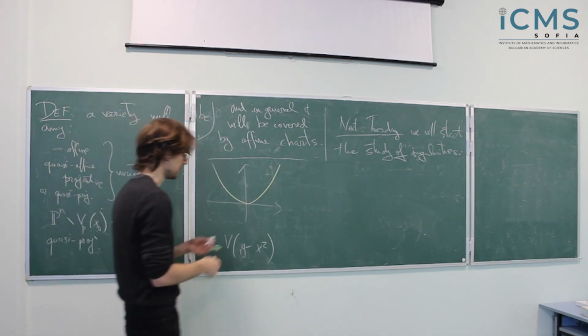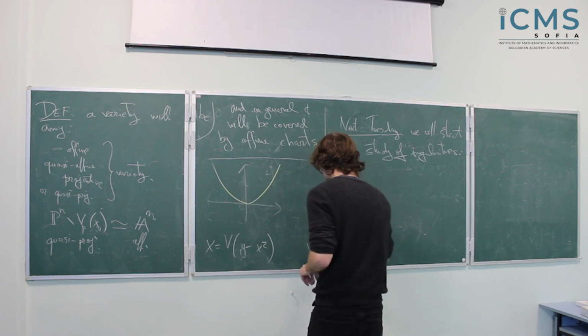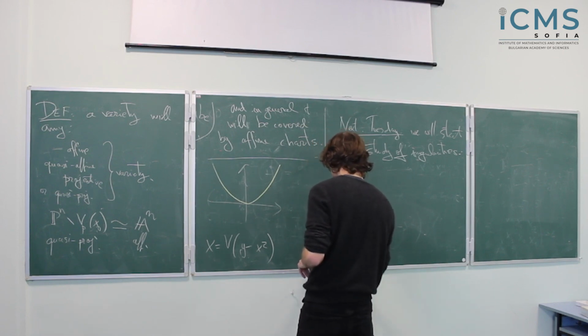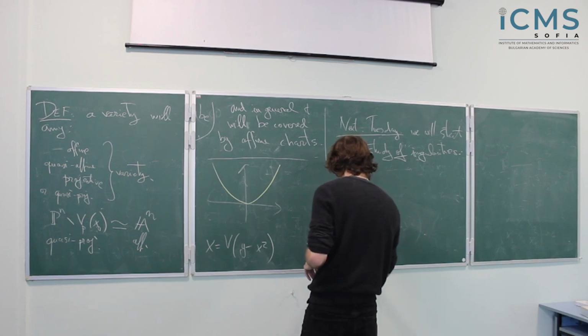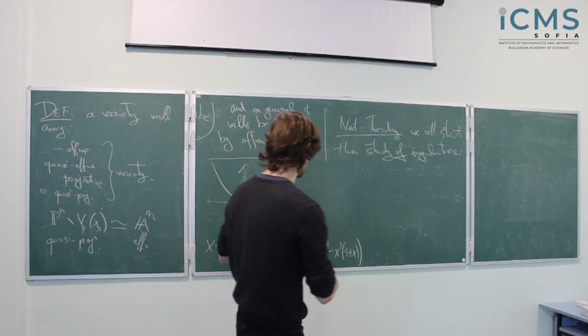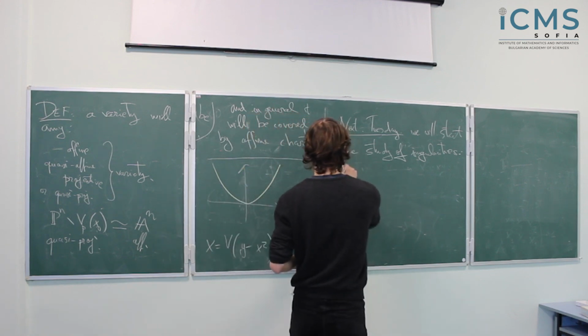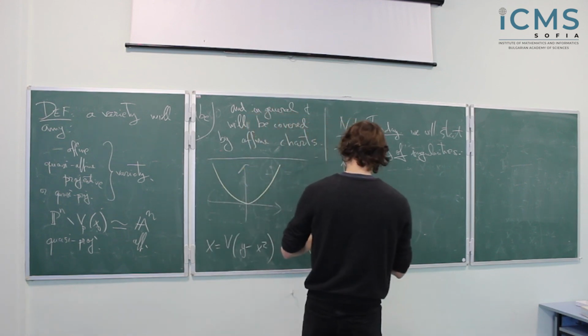Okay. So a parabola is a very easy thing to picture. It's like this. Okay. What about a node? A node is slightly more complicated to draw, but very interesting.